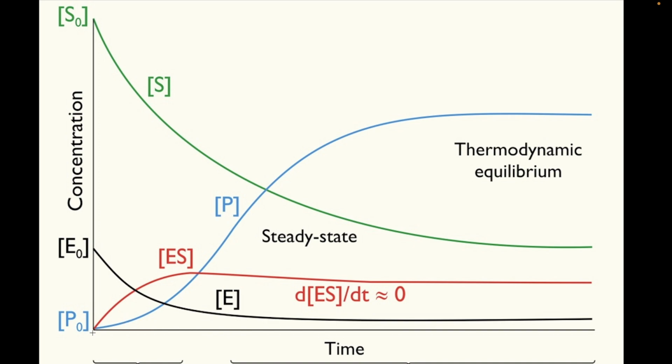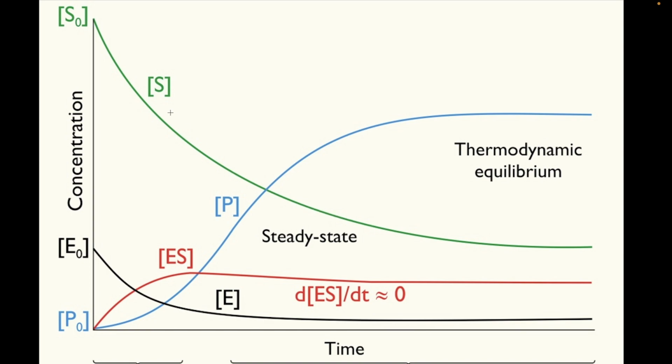Initially, the product concentration is P0 and the substrate concentration is S0. During the process, the concentration of S, along this green curve, decreases with time.